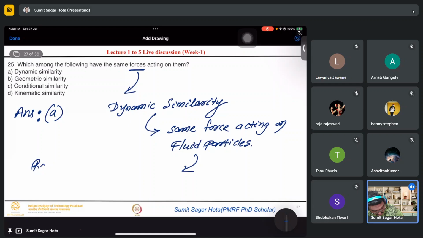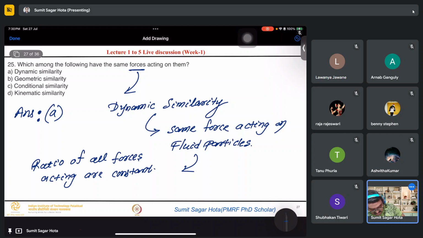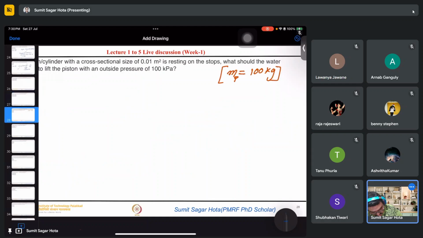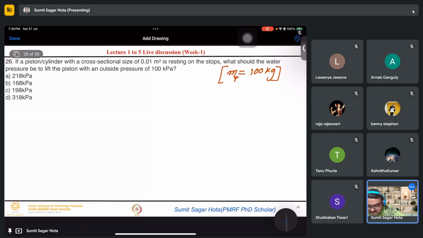The ratio of all forces acting are constant. Okay. So we just solve a simple problem.